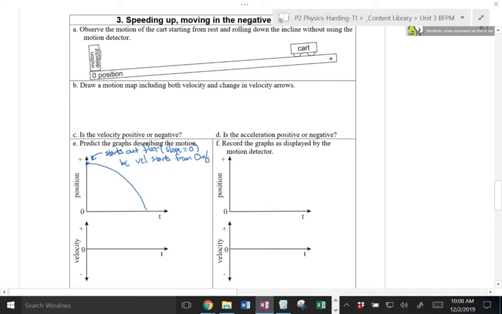Think about that. All right. It starts out flat because we're saying it starts from a velocity of 0.